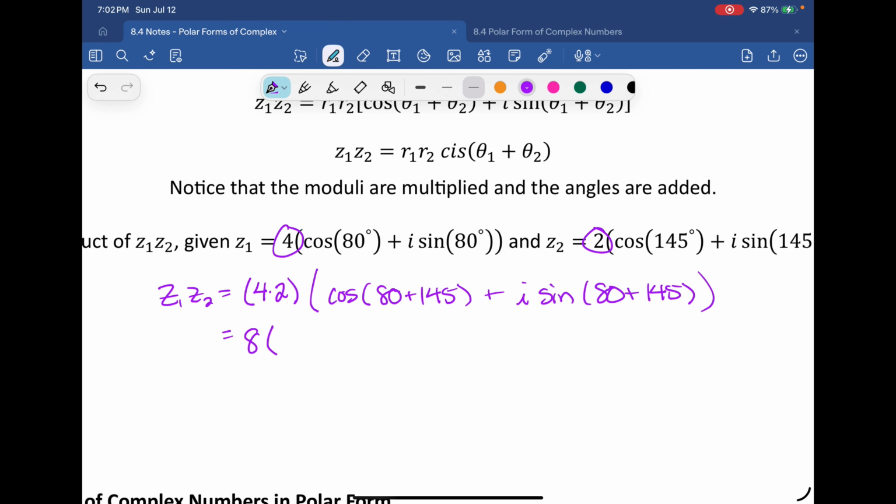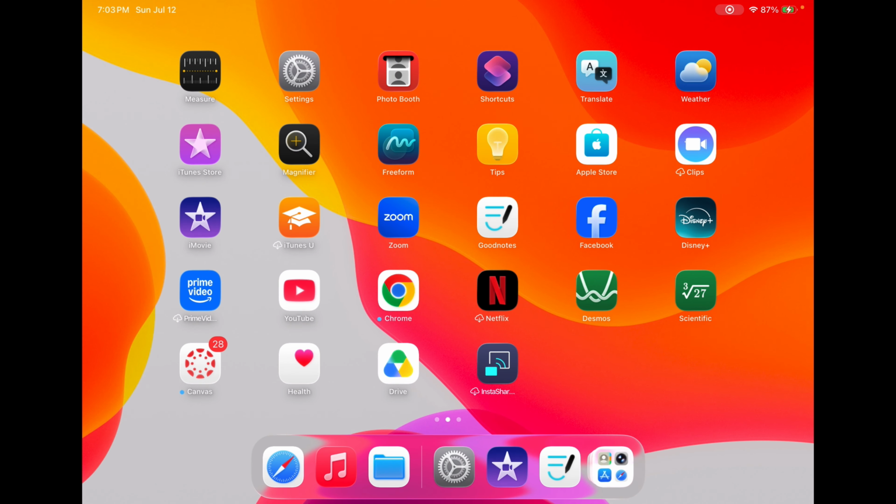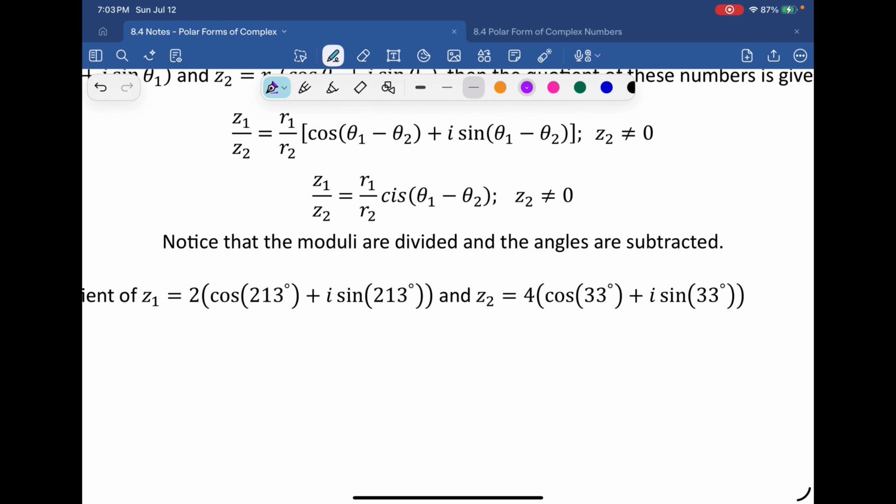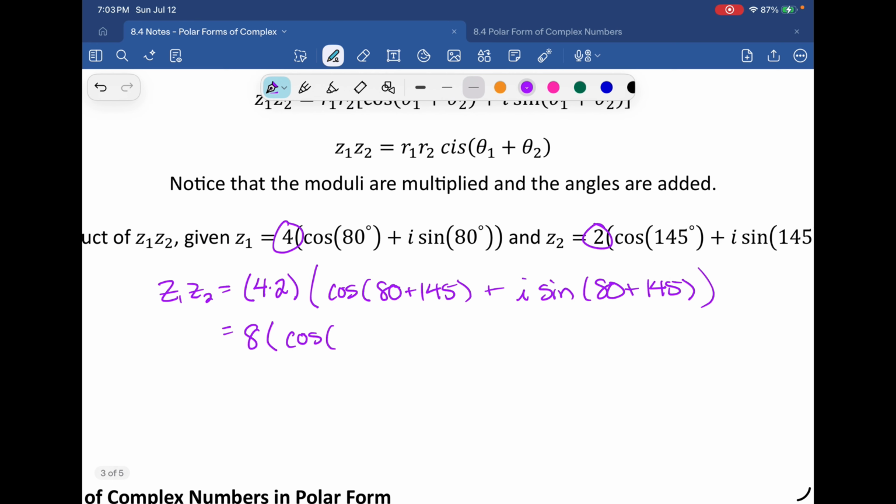So 8 cosine, and for whatever reason I cannot think of what that is. 225. And that's honestly it as far as using this formula. It's not complicated. Multiply the radius, add the angles.